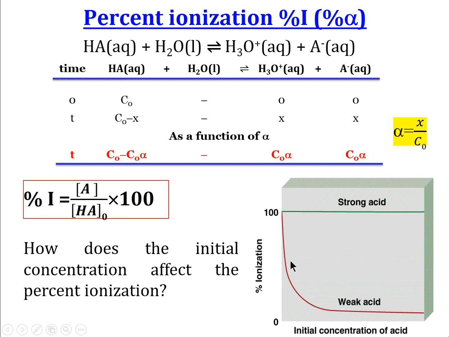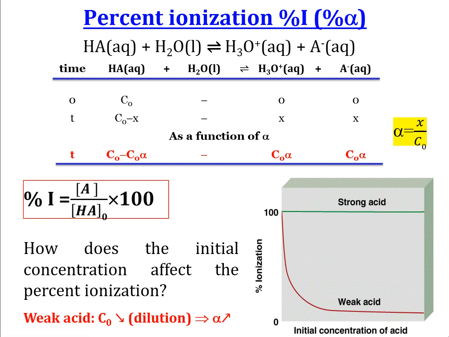For the weak acid, when we increase the initial concentration, the percent ionization decreases. Or we can say, for the weak acid, when C0 decreases, so we have dilution, the degree of dissociation or the degree of ionization increases.